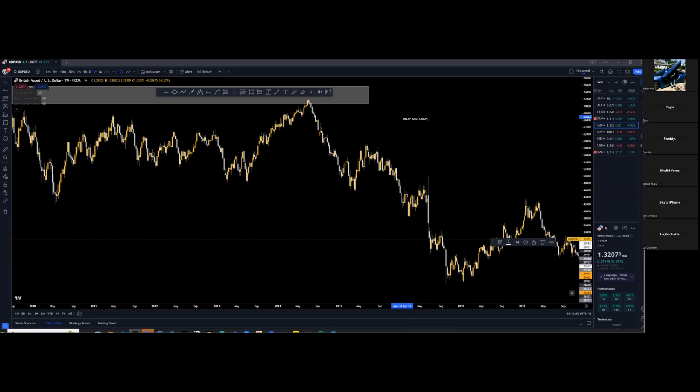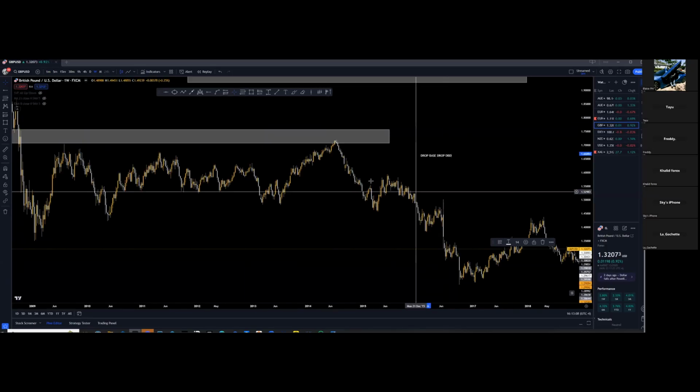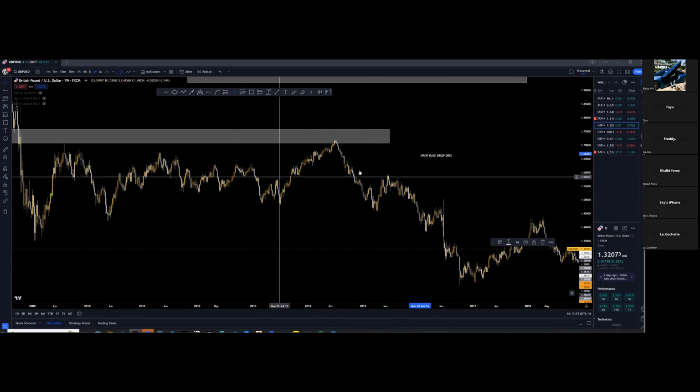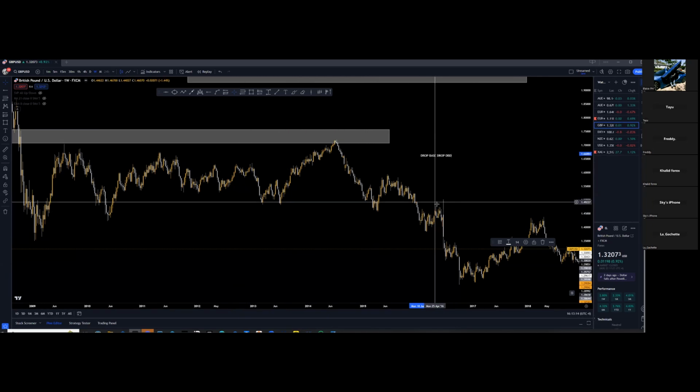Drop-based drop, also called DBD. And this is the vice versa of a rally-based rally because this is for a downtrend. The market is trending down, you find your base, you draw your base in before the market comes there, and the market reacts off that base for a drop.